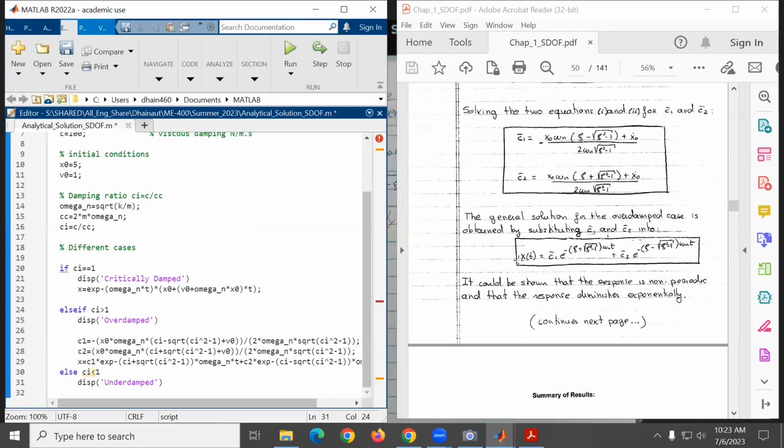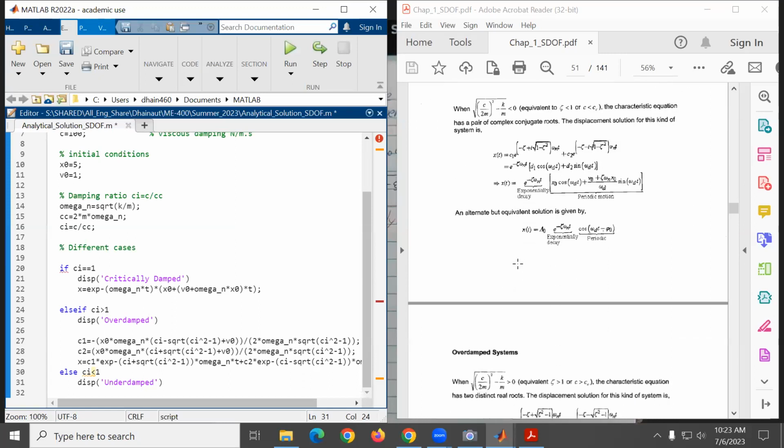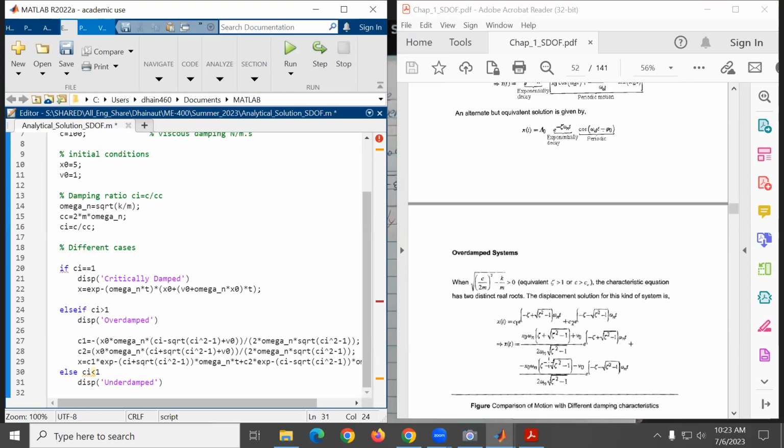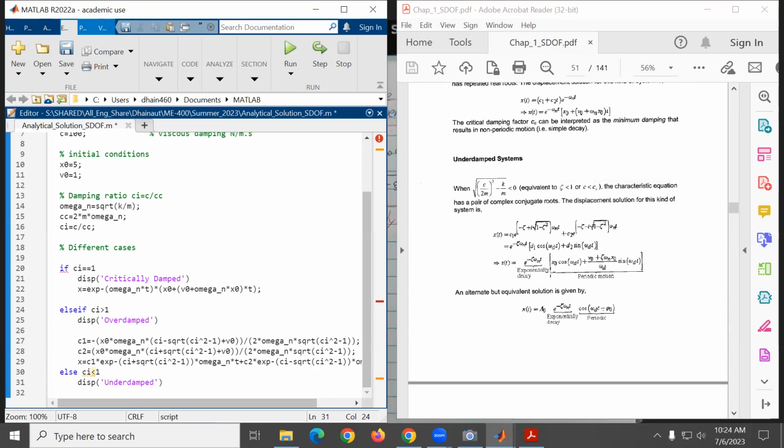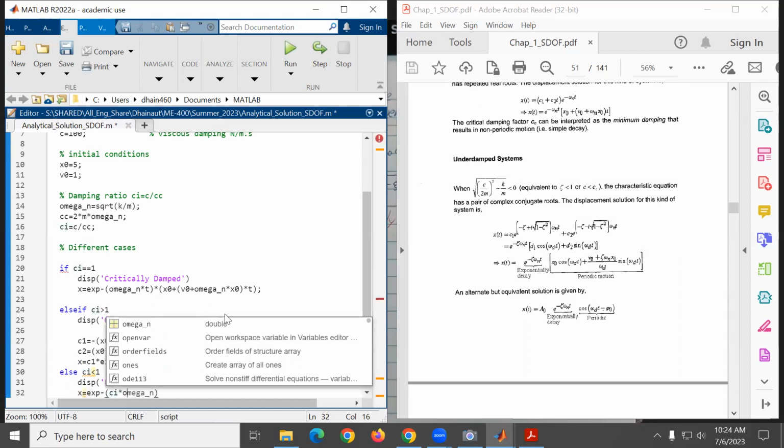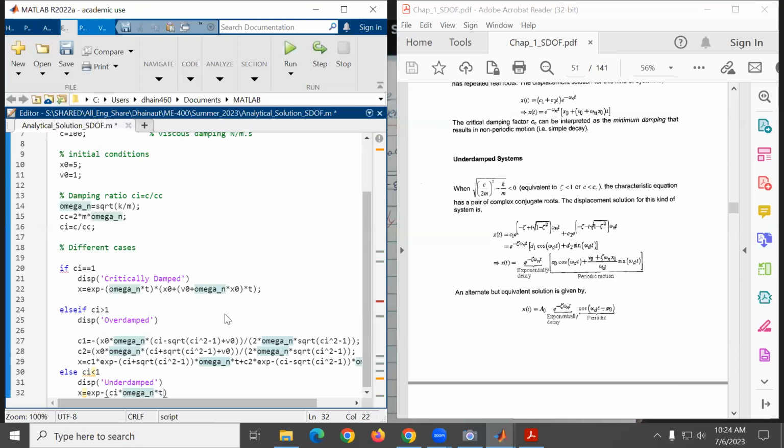Since we're using these class notes here, you see we have the overdamped one over here with the solution and everything. For underdamped, they use this one here, since we have it. So x will be equal to the exponential of minus C times omega sub n times t.